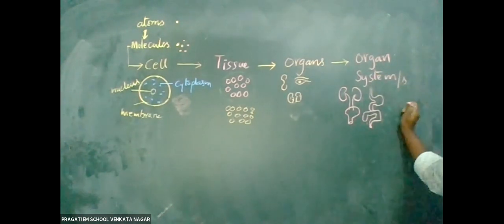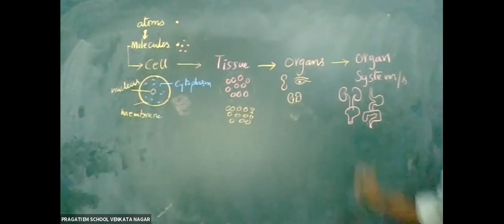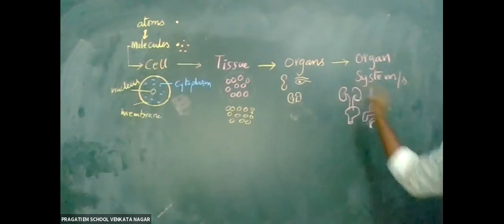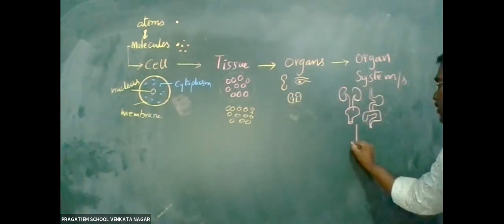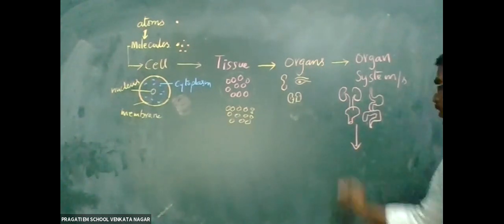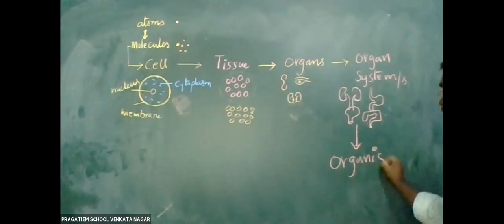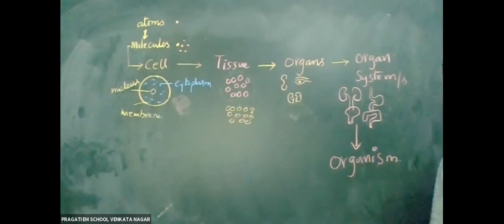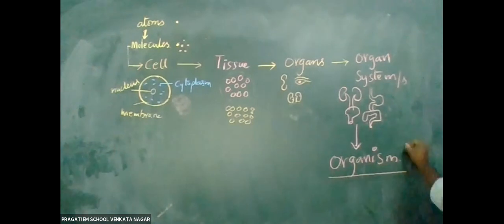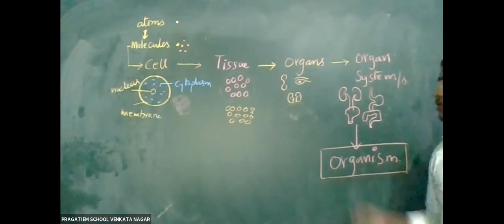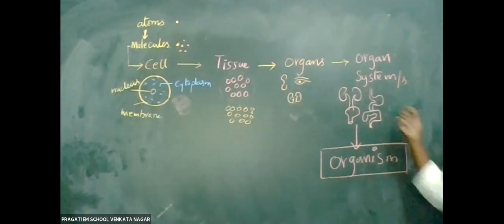The next level of organization after organ systems: this group of organ systems is combined to form an organism, whether it is a human being or an animal, which is composed of different types of systems.